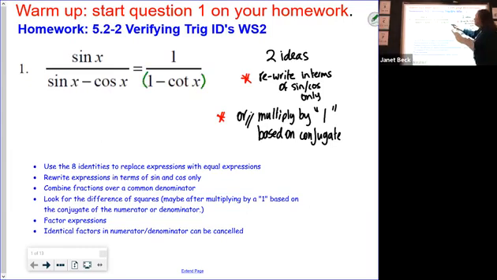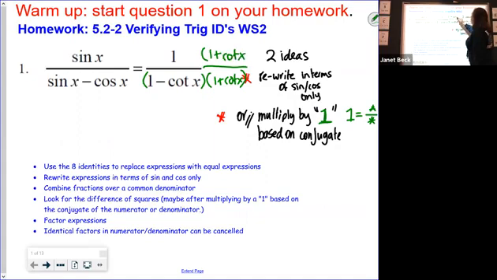The conjugate of 1 minus cot x is 1 plus cot x. But you're only allowed to multiply by the number 1. So you have to use a fraction where the numerator and the denominator are the same. So you'd have to multiply the numerator by the same thing. Then you haven't changed it, you'll just make it look different.